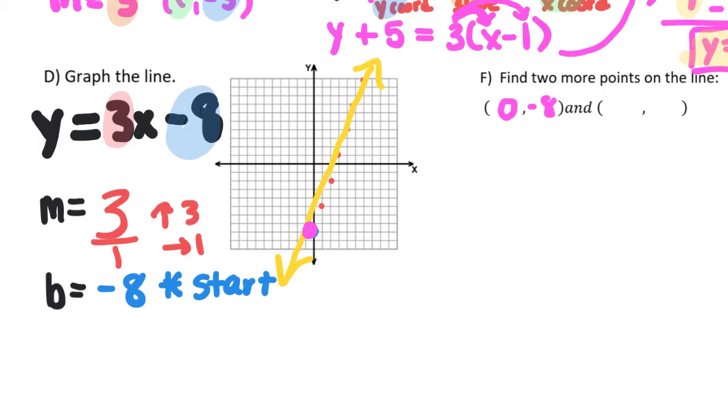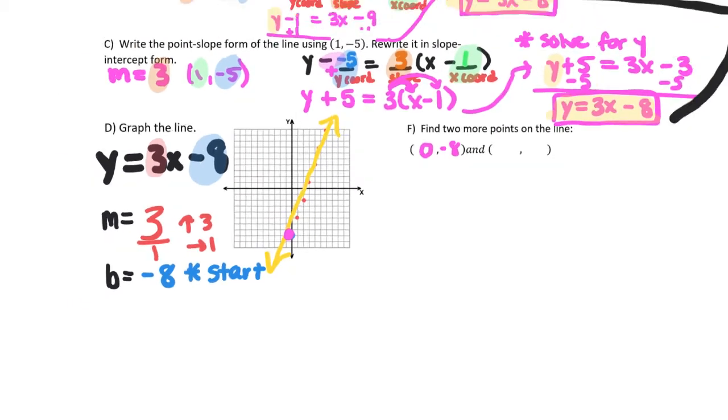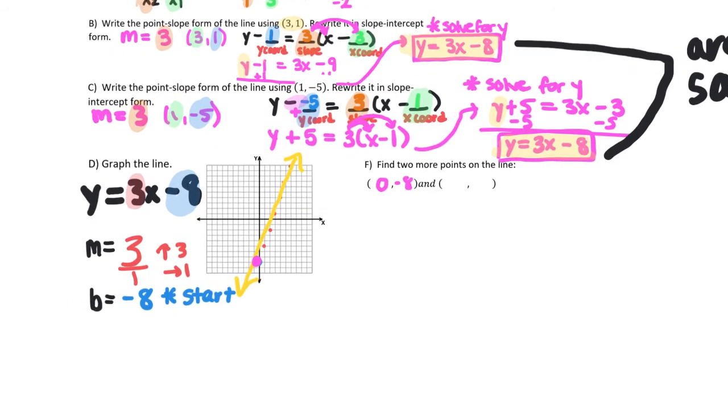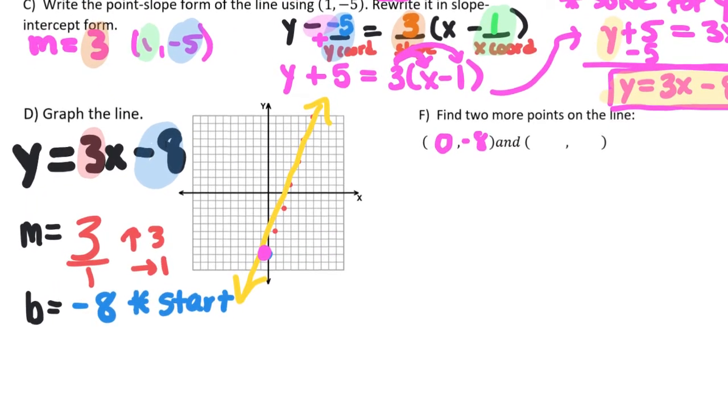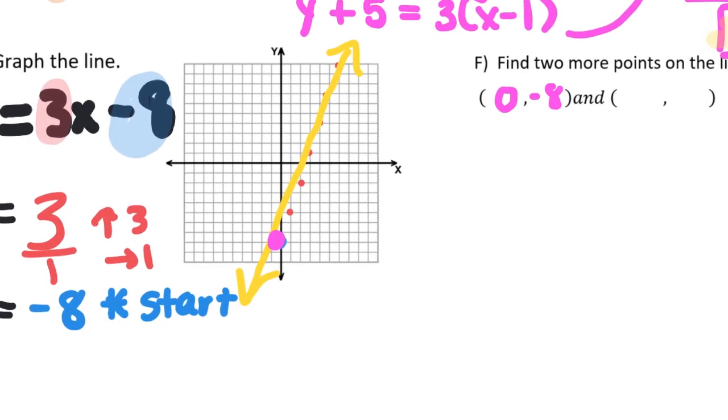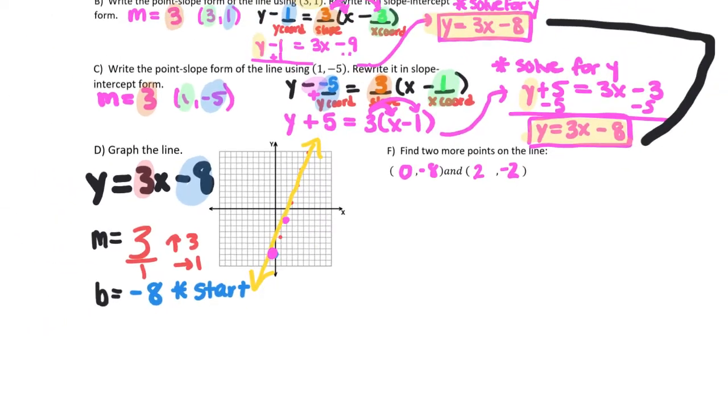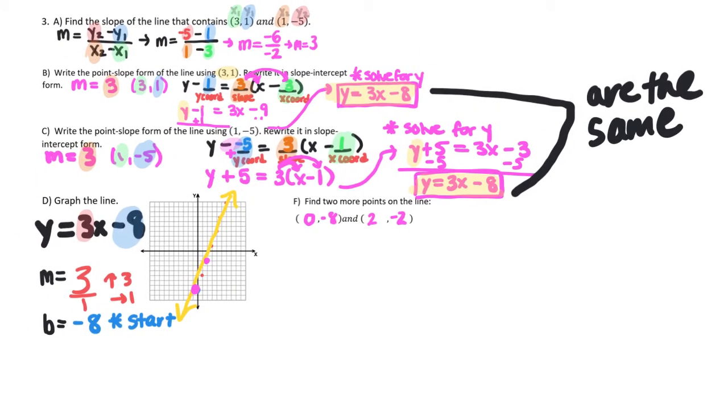I already used 1, -5 and 3, 1, as I see up above. So I'm going to choose this point right here at 2, -2. So this would be our final answer for this problem in this part of the performance task.